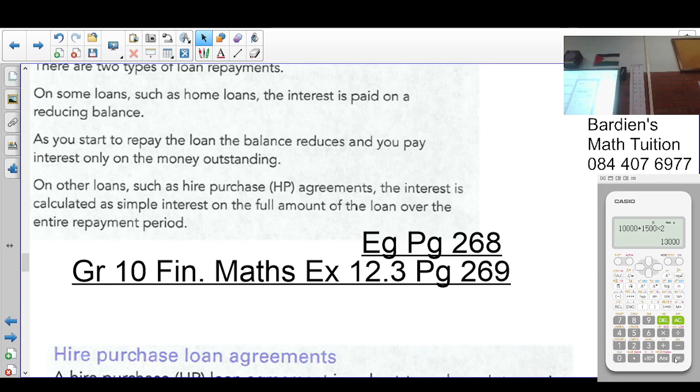Not so? So if I divide that by 24 months, I must pay 541 rand and 67 cents per month for 2 years. Okay.